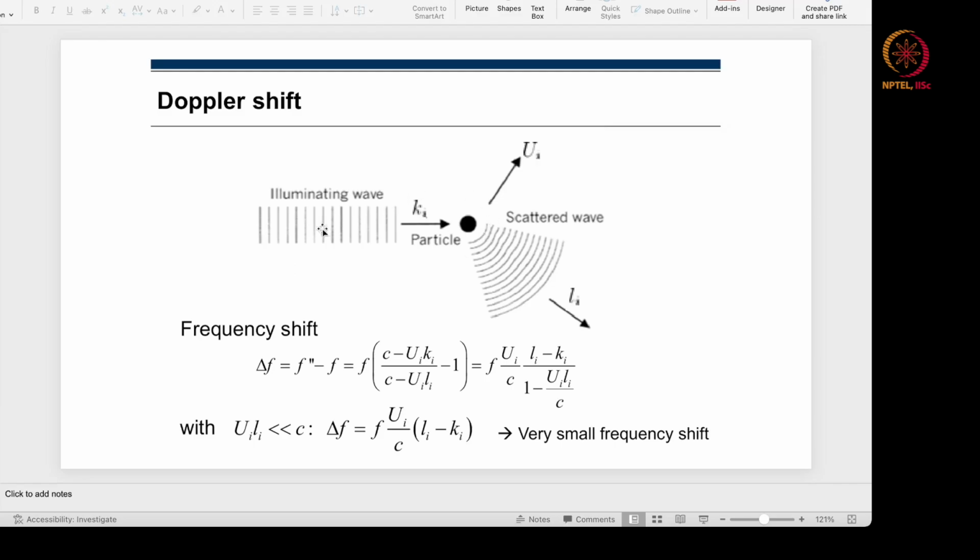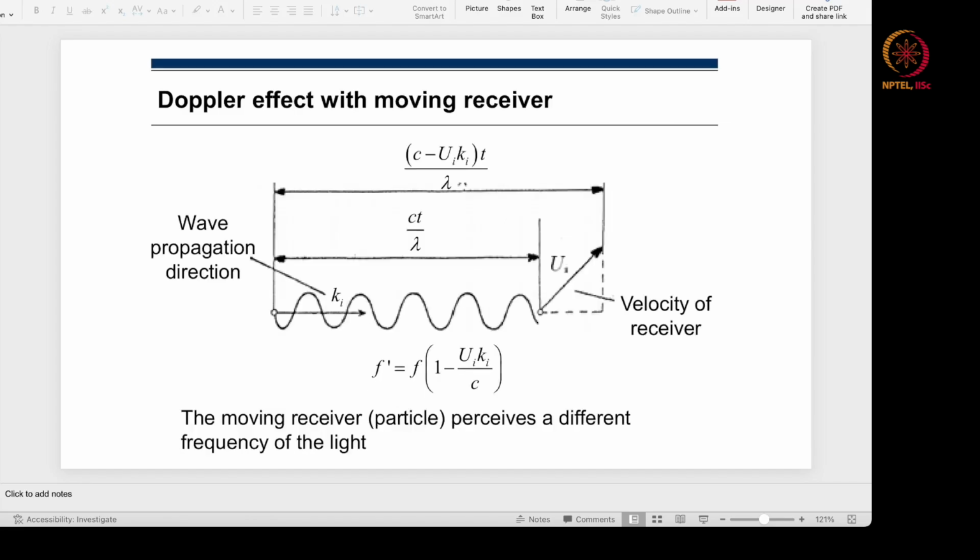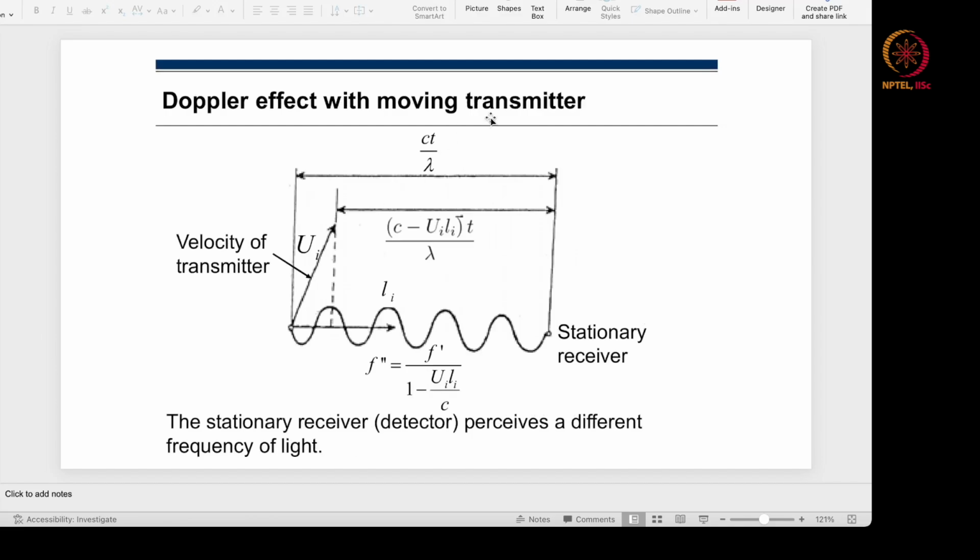The left hand side is a stationary emitter and a moving receiver, and the right hand side is a case of a moving transmitter and a stationary receiver. These are the two cases that we already discussed in the two slides, the Doppler effect with moving receiver and the Doppler effect with moving transmitter.